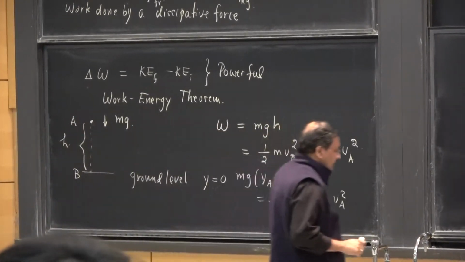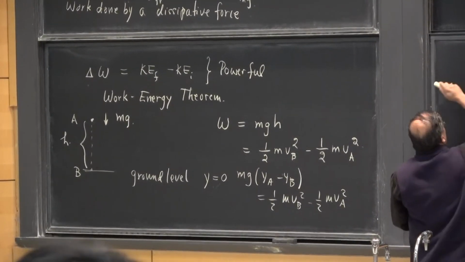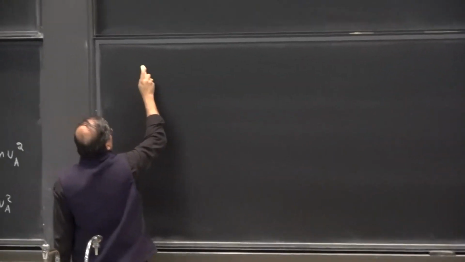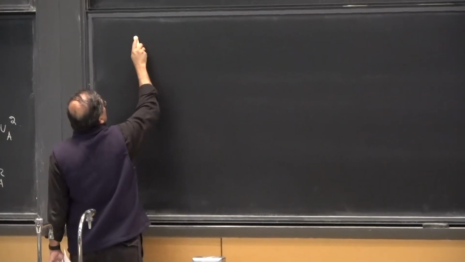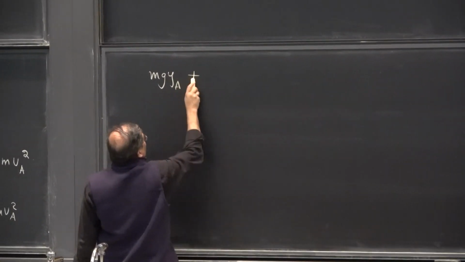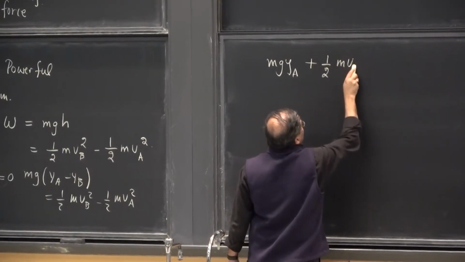Why did I do that? Well, I did that with a specific purpose, and the purpose is to show you that in this case, just by using work energy theorem, because we are not using a dissipative force, I can rewrite this equation as mgya, which is potential energy at ya, plus 1/2 m va square.